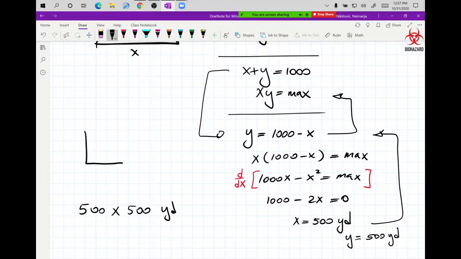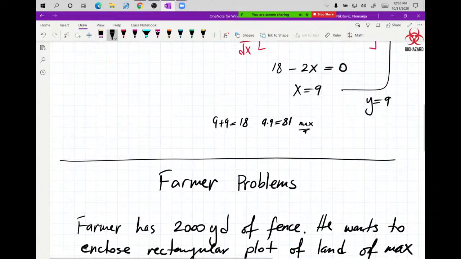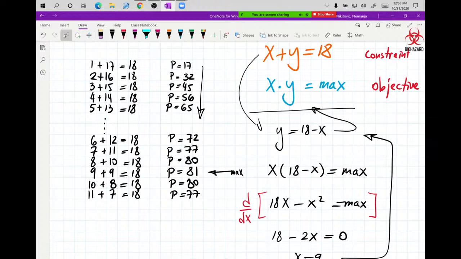This is a square, and you have 500 yard all around, and that's 2,000 yard, right? 2,000 yards of fence. And we use it all, and the problem here guarantees the maximum area. Now, we actually have seen that it's going to be a maximum area because when numbers ended up being the same here, we had the maximum area.